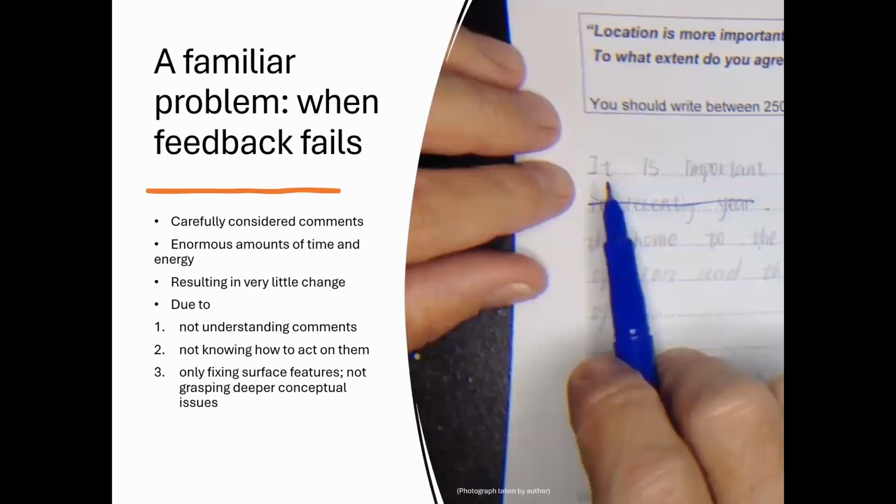And the overarching problem I was investigating was feedback, giving feedback and trying to make feedback effective. It's an issue I'm sure many of us are familiar with, spending a lot of time reading learners' work, thinking about how best to write comments.